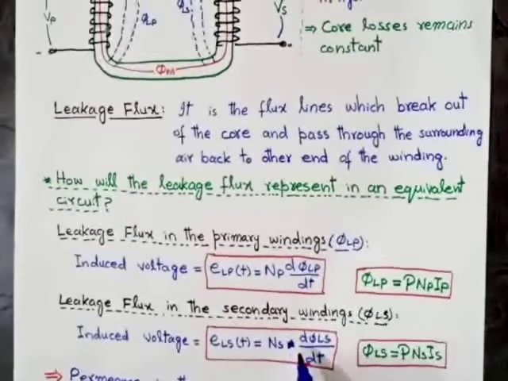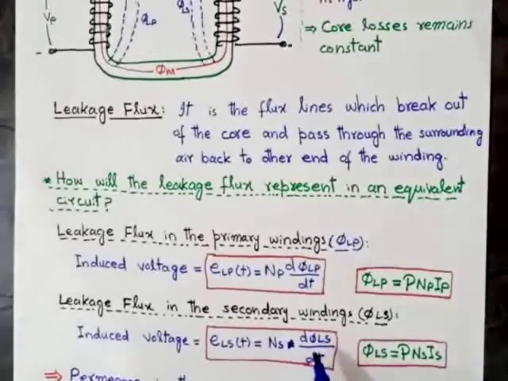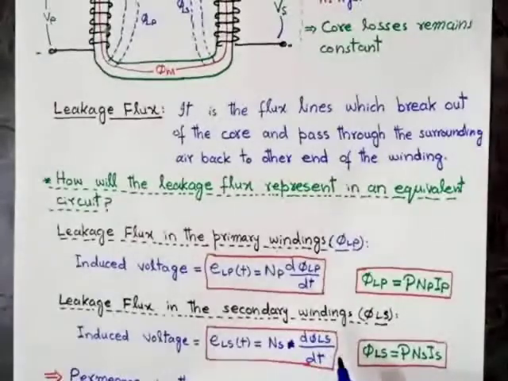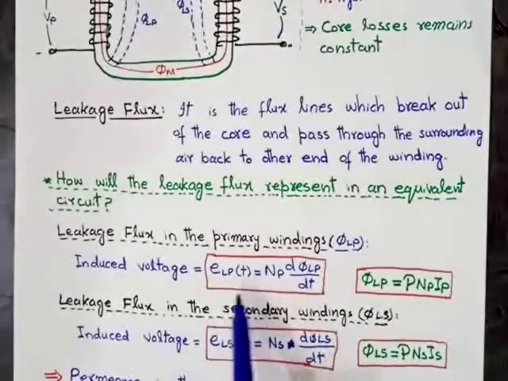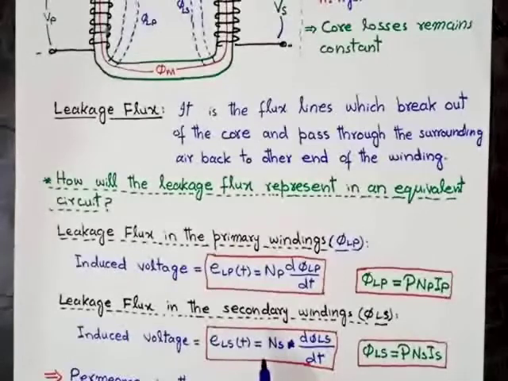It means the induced voltage and the change in leakage flux are directly proportional. When the leakage flux changes more, the induced voltage will be more. So this is the equation of leakage flux in the primary winding, and this is the equation of leakage flux in the secondary winding.